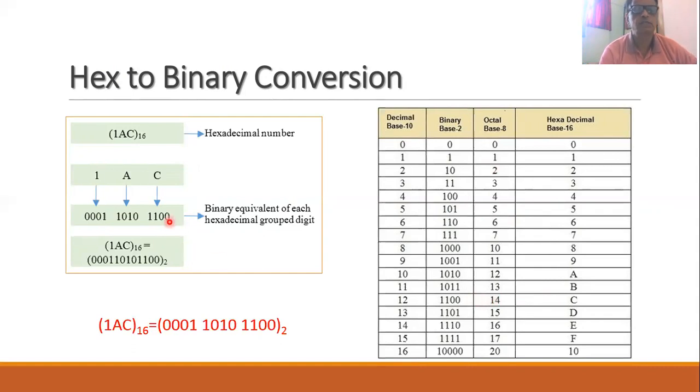Therefore, I will replace C by 1100. For A, the number is 1010. And for 1, I have got the binary equivalent 0001. So therefore, we can say that 1AC hexadecimal is equal to 0001 1010 1100 binary.